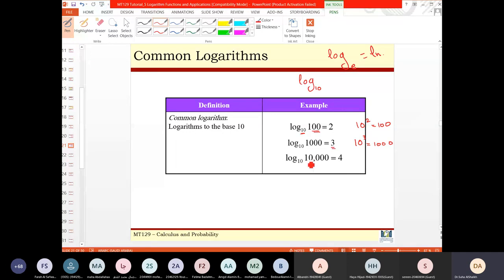Log base 10 of 10,000 is 4, because 10 to the power 4 is equal to 10,000, and so on. Okay, so this is one of the common logarithms. Of course, what we care about mostly is the base e logarithm, which is ln, that we have in the calculator as well.